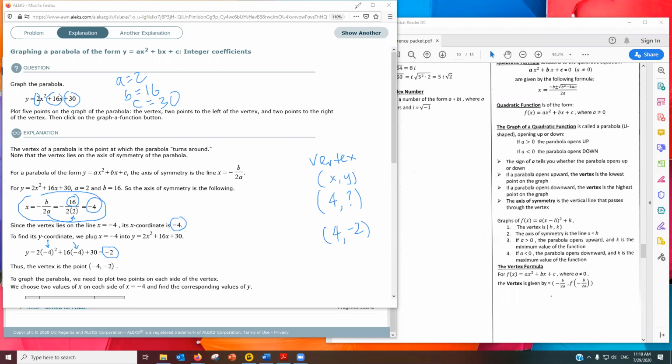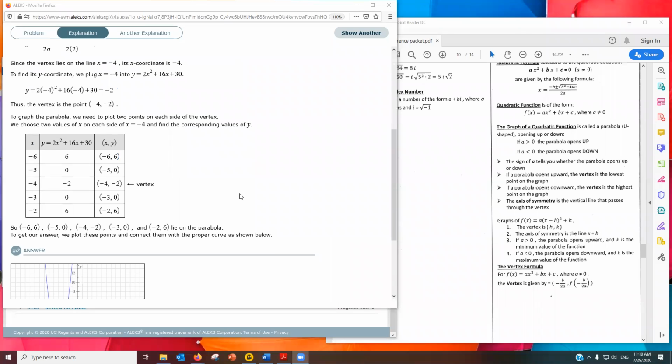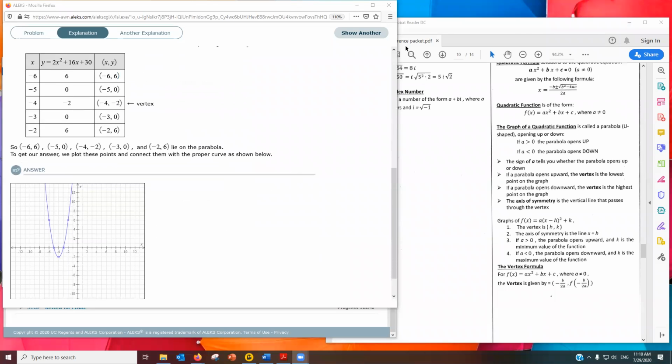Now it's time to graph. Well, Alex said when you're setting up this table, make the vertex the middle row. So here it is, negative 4, negative 2 is the vertex. Then plot 2 points to the left of negative 4. So I'm going to use negative 5 and negative 6. Plot 2 points to the right of negative 4, negative 3, negative 2.